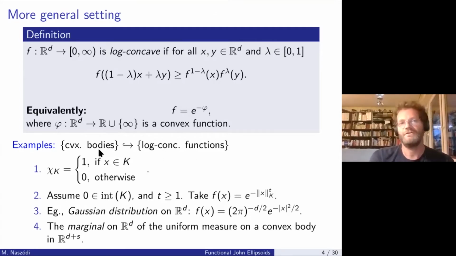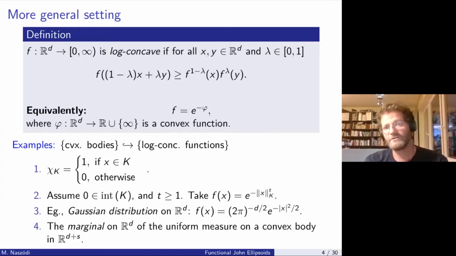Okay, so we fixed d, so we are in R^d. One obvious way to assign a log-concave function to a convex body is to just take the characteristic function of your convex body. It's quite easy to see that it is log-concave. It satisfies this condition.